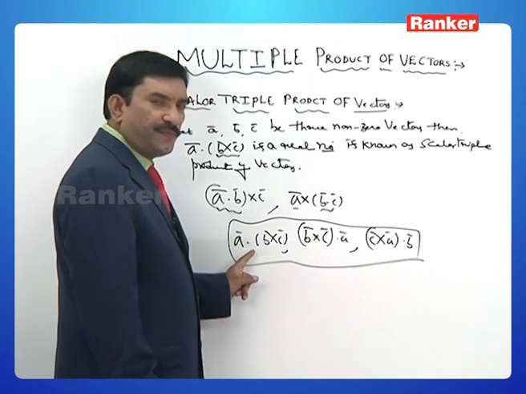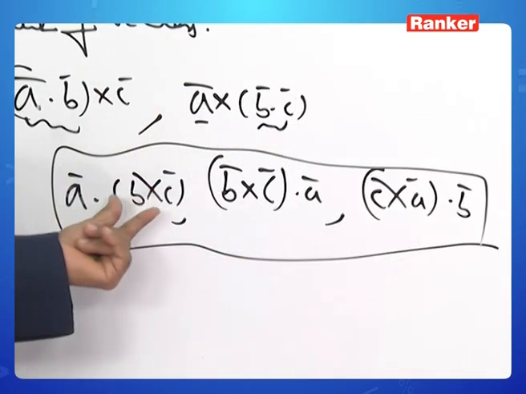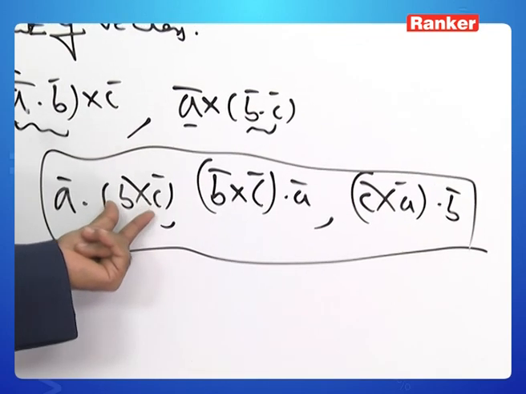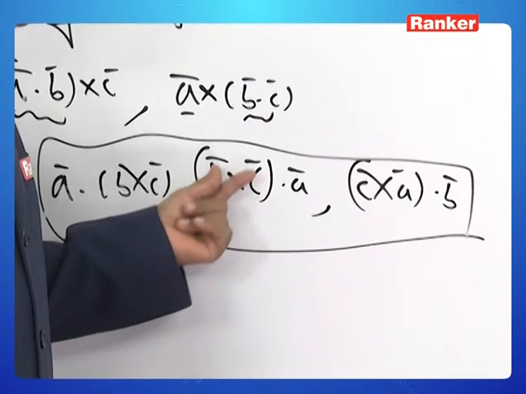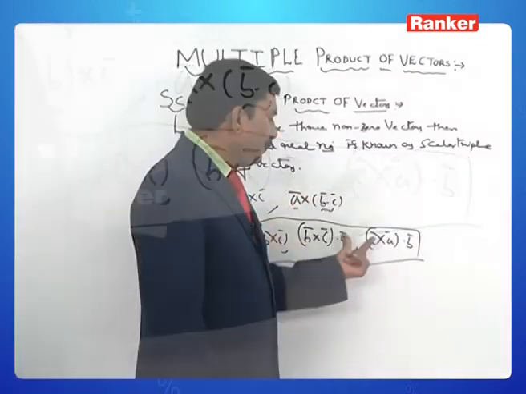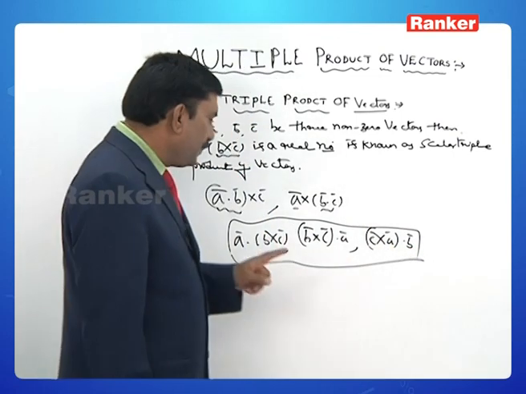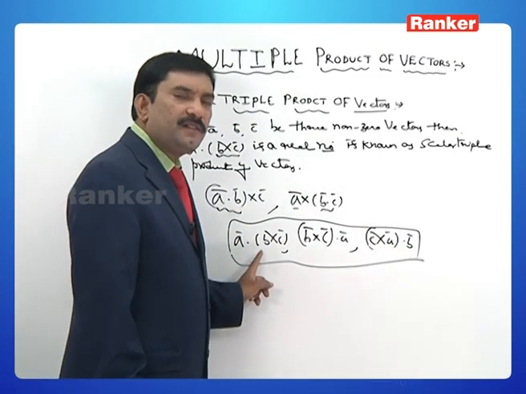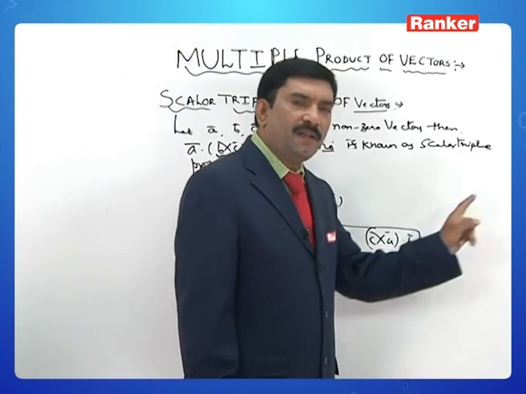There is a big difference between this product and that product. Here, this is a vector, and with this vector, dot is taken. This vector is taken dot product with A bar, a vector. So this defines the scalar triple product. Ultimately, the value will be a real number.